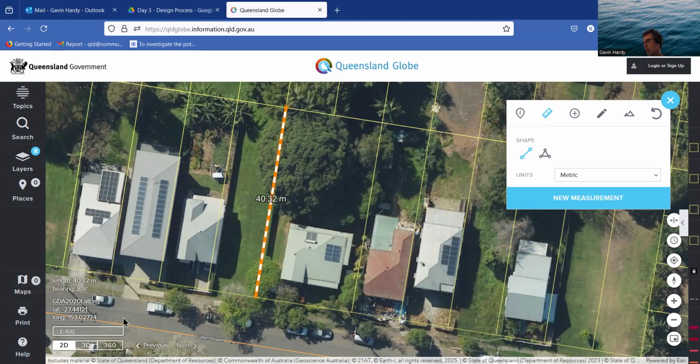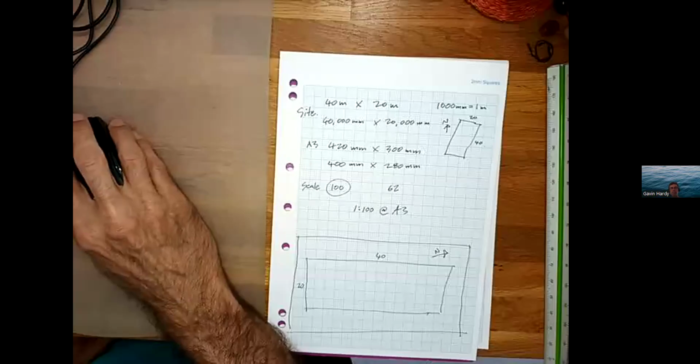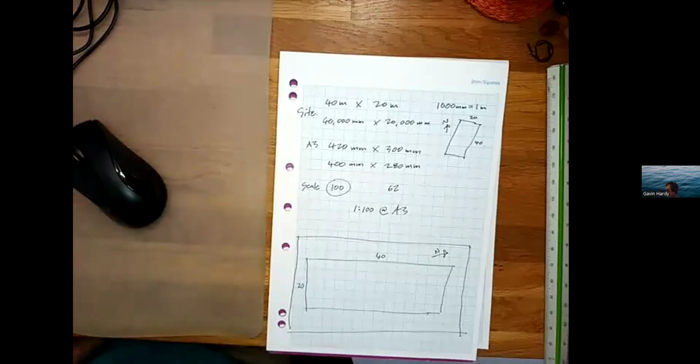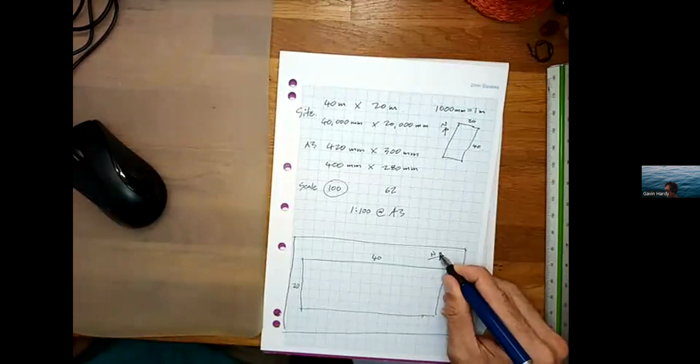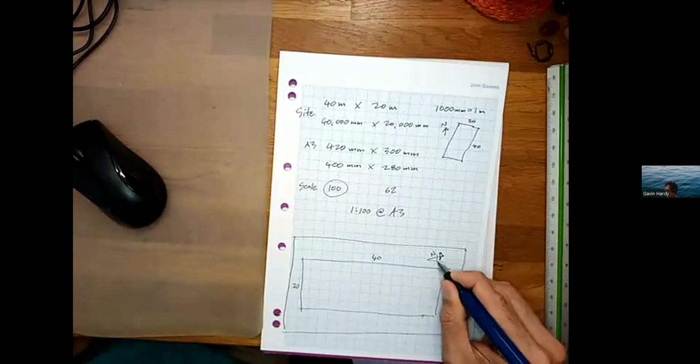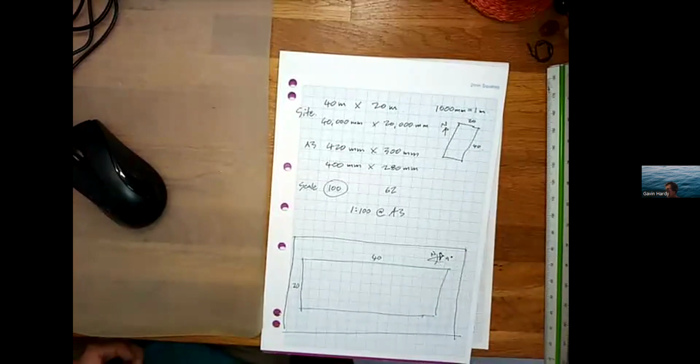All right. So we could indicate our north very accurately in that way. If we go back to the overhead, if you wanted to, you could really make sure you got that angle right, 9 degrees, by using a protractor.